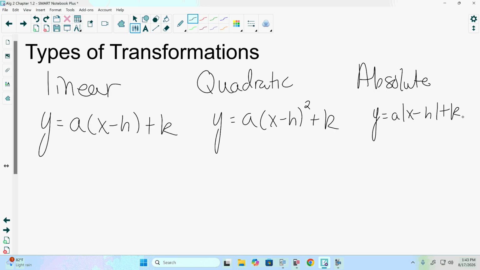Now, there is one other letter we'll put in there when we hit 1.3. Not too concerned about it. It's B. I will show you here in a second where that's put.